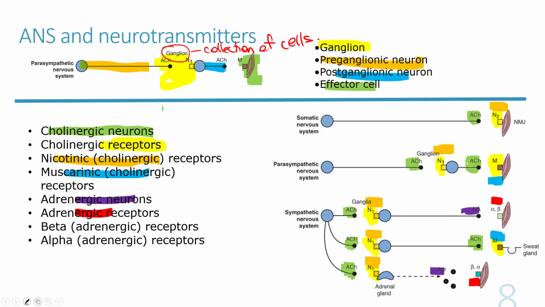You can see over here that there are different receptor subtypes: beta adrenergic receptors over here, and alpha adrenergic receptors on various muscles. Okay, so that's it.